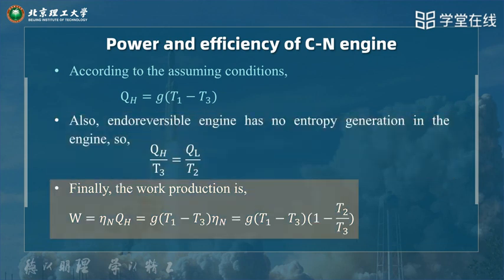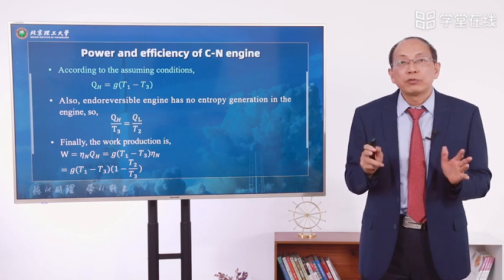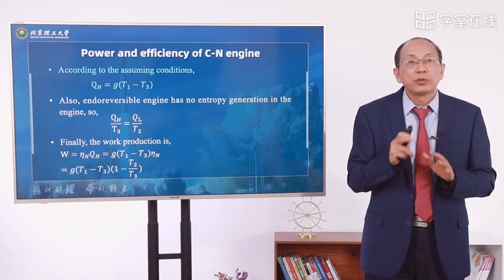Finally, the work production is W equals eta N times QH, equals G times (T1 minus T3) times eta N, also equals G times (T1 minus T3) times (1 minus T2 over T3). Here is the work the Novikov engine produced.